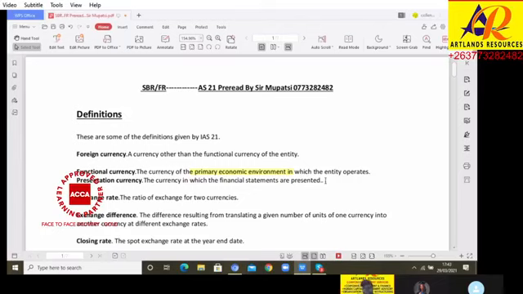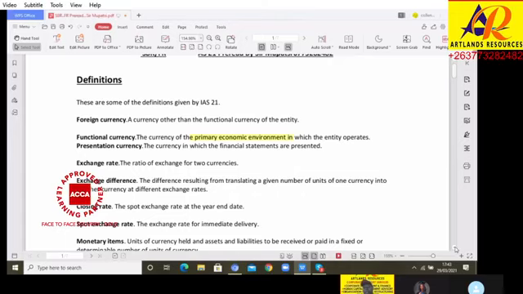Exchange rate, as you know, is the ratio of exchange of two currencies, in other words, the price of a currency in terms of another, like one euro equals $1.13. That's an exchange rate. Exchange differences are exchange losses or exchange gains. These are the differences which arise from translating a given number of units of one currency into another at different exchange rates.